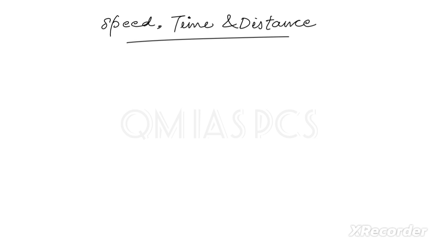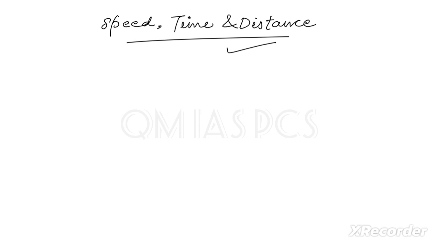In the previous session, we started a new topic, and that is speed, time, and distance. In that session, we learned a few topics: the concept behind speed, time, and distance, then average speed. Average speed is already covered in the average topic, but still here we covered that too.